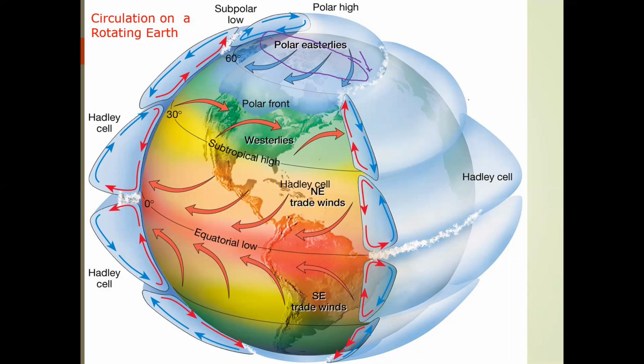So winds are named for the direction that they come from. So the polar easterlies are coming from an easterly direction. East is over here. West is over here. So the winds are moving from the east. So that wind belt is called the polar easterlies.